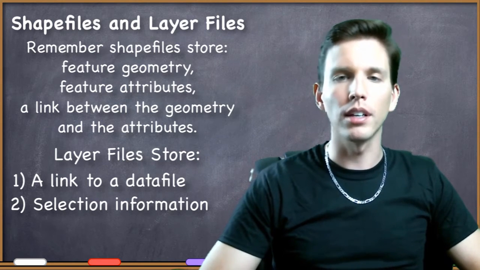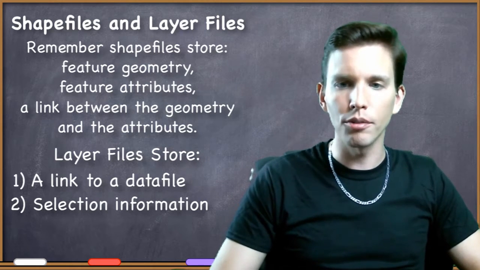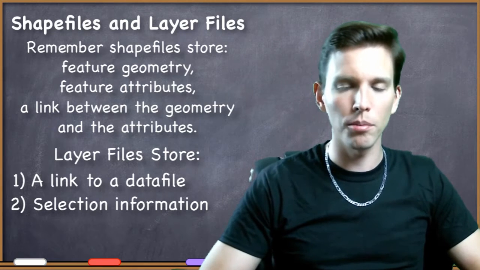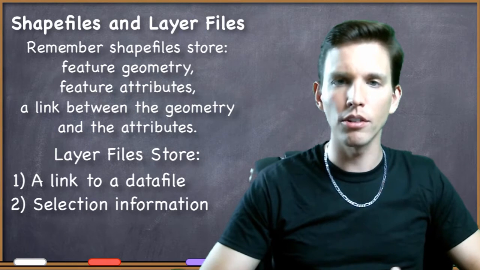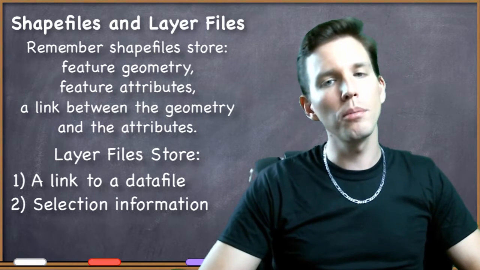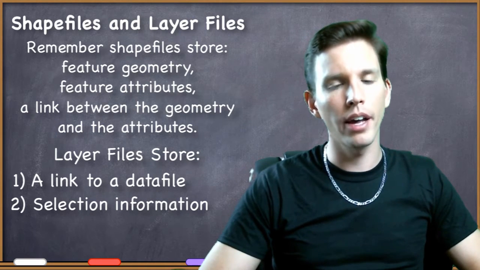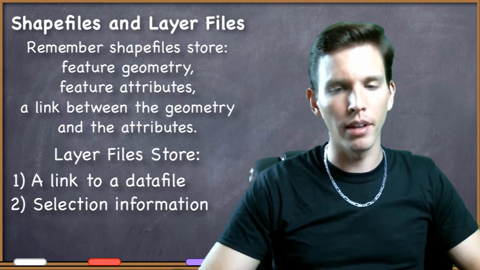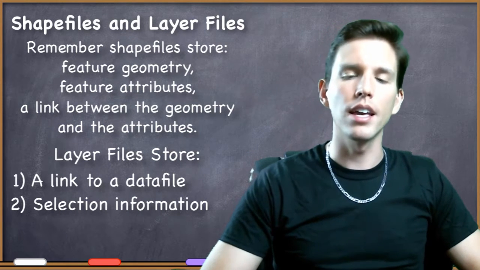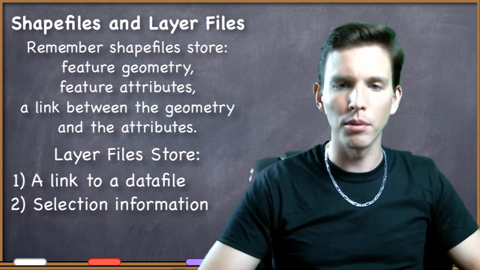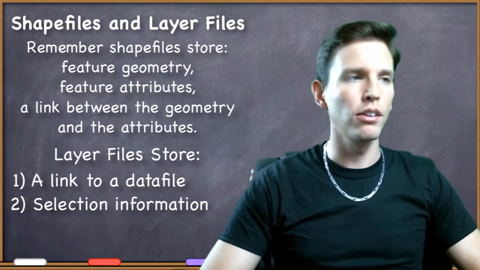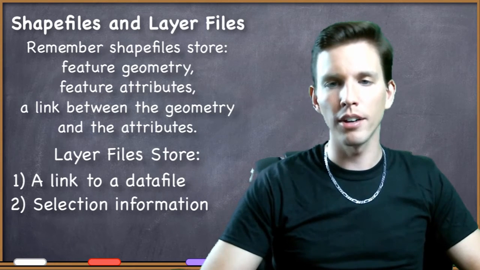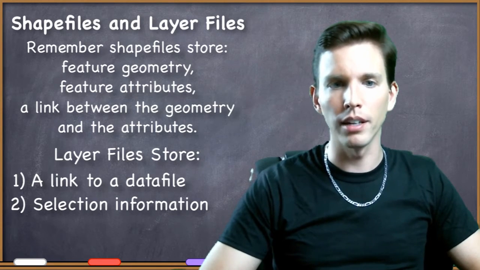Likewise, some people spend lots and lots of time carefully symbolizing data for a particular project. They want it to look nice. They want to be able to create great maps from it. And it sure would be a shame to have to replicate all of that work to symbolize the exact same thing in a different project. You spend all this time in one project setting up your symbology. If you want the same data symbolized in the same way in another project, you don't want to have to spend all of that time.